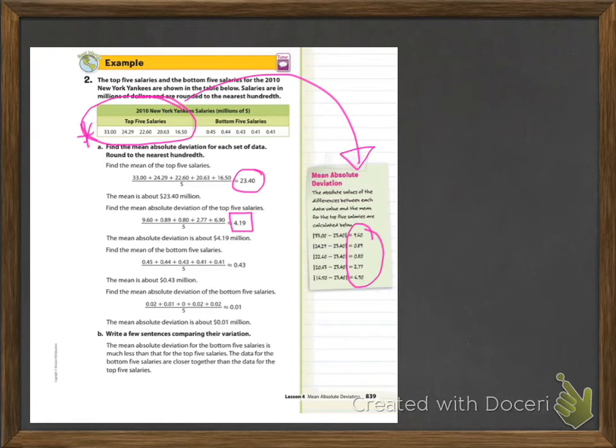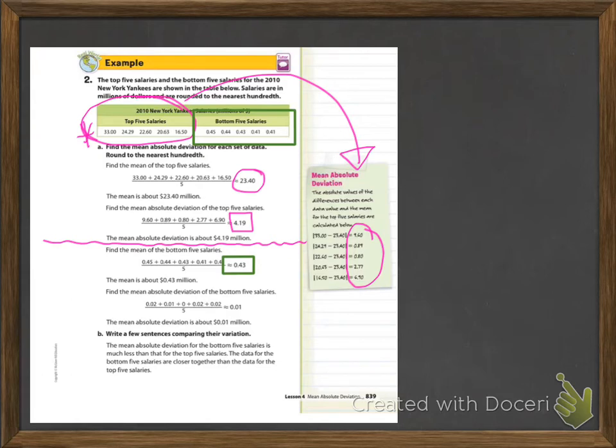Then they did that whole process again. I'm going to draw a little squiggly here because this separates the two parts. Now they did that entire process for the bottom salaries over here to the right. They added them all up, divided by 5, and got 0.43, or 43 hundredths.